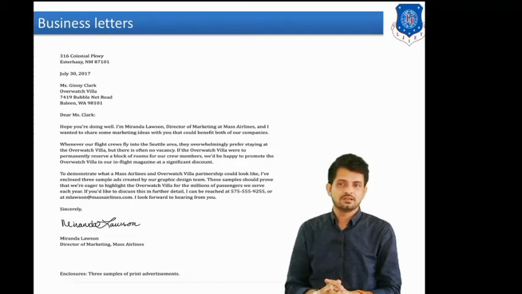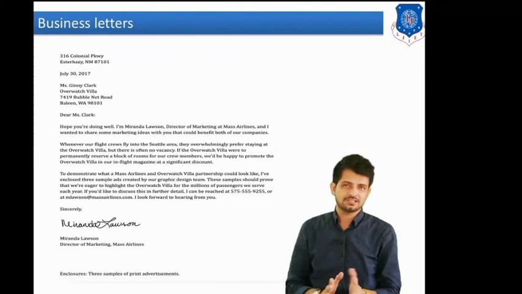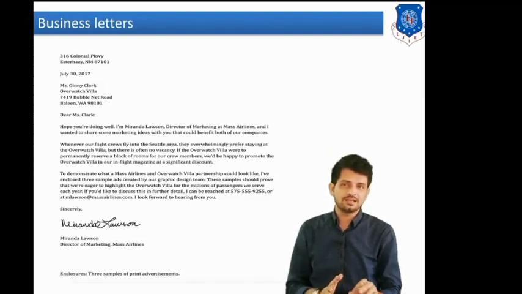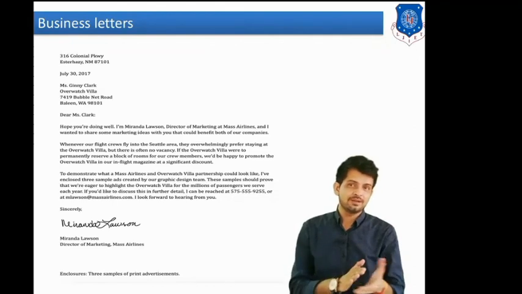Then comes the salutation, then the main body of the letter, then the signature block, and then enclosures. There are various types of letters that we will study in detail in the next lecture. Till now, we only have to remember the main elements of a business letter.